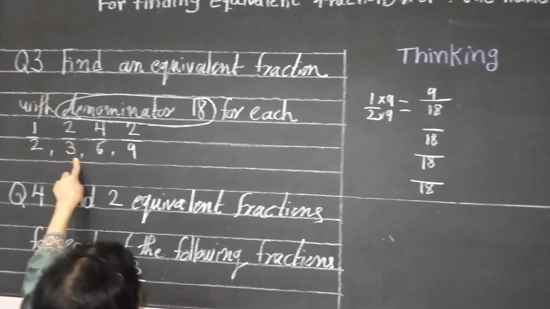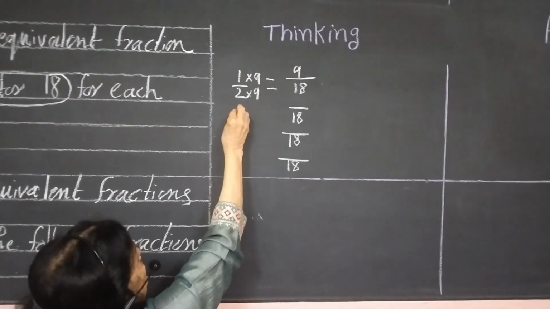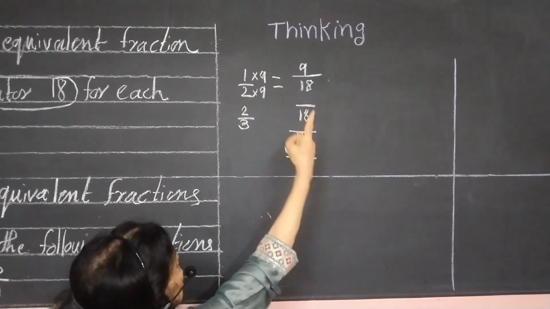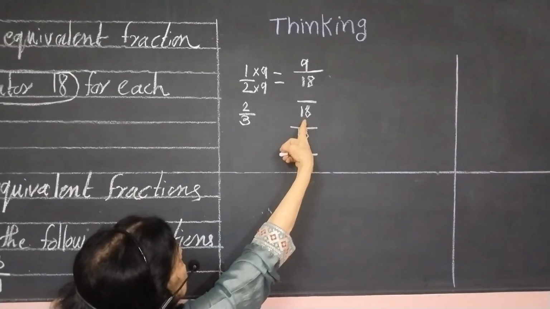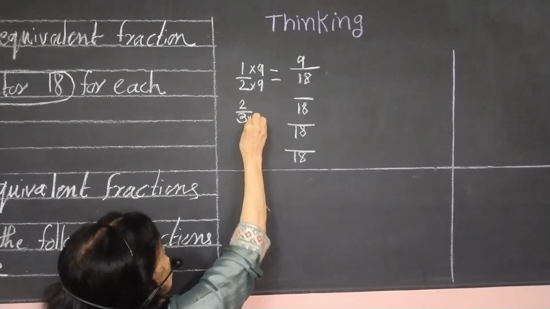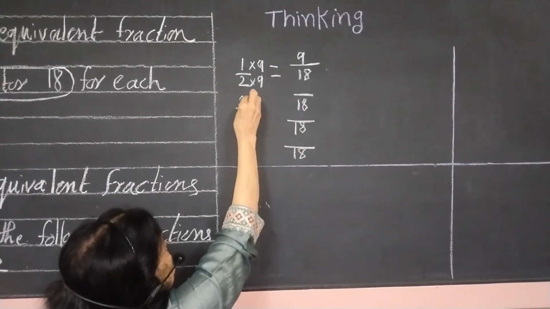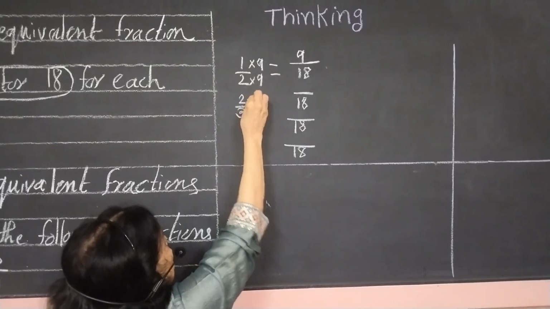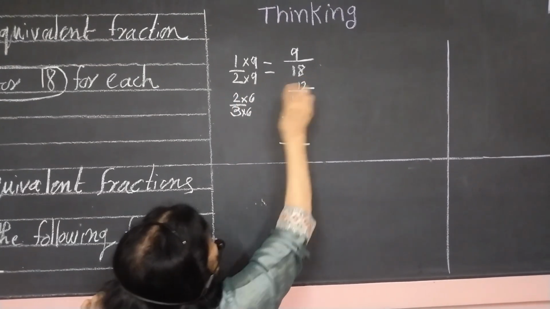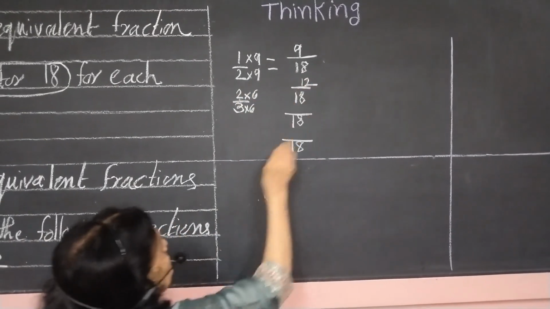Next one, 2 upon 3. 3 has to be converted into 18 as the denominator. We know that 3 into 6 is 18. So again the numerator has to be multiplied by 6, and hence here the value will be 6 2s are 12.